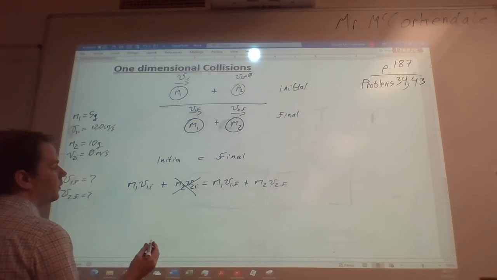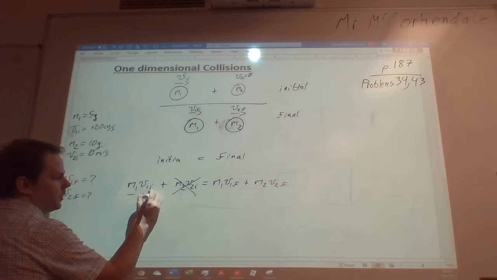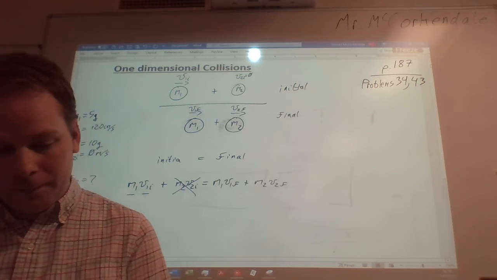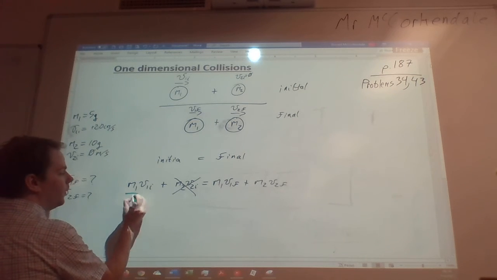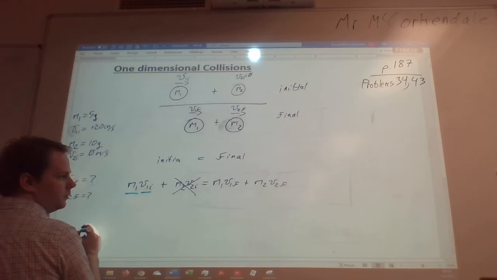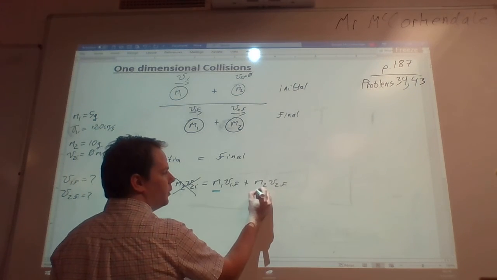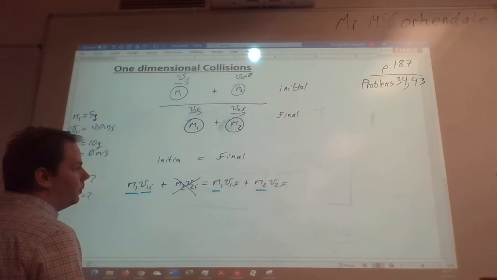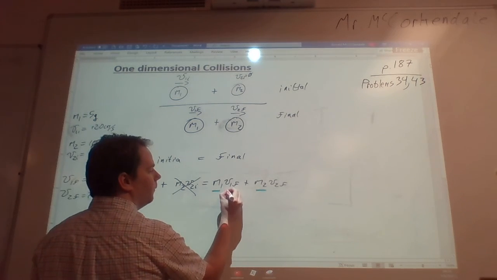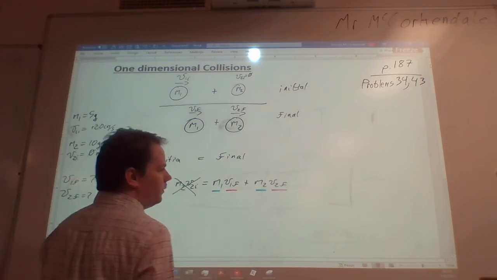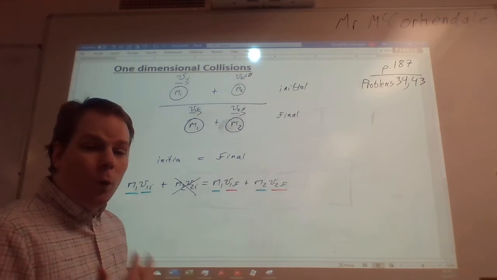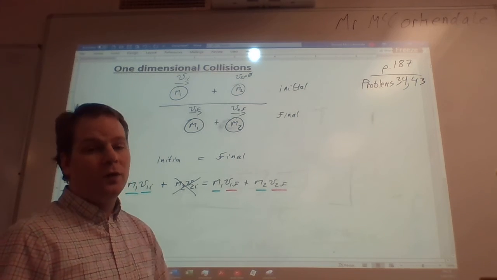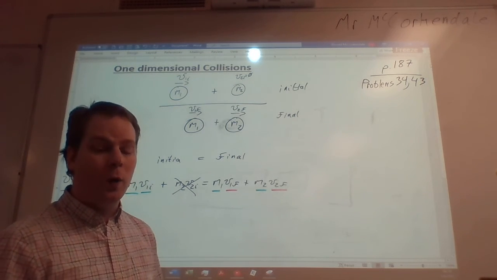So at this point, we know M1, we know V1 initial, and we know M2. But we do not know V1 final or V2 final. You can't solve one equation with two unknowns, so we have to write a second equation.